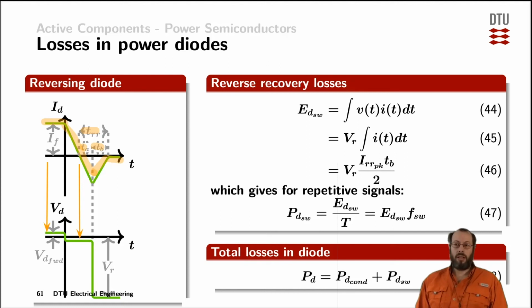But at the time where the reverse recovery has its peak, the diode actually starts blocking the full voltage that the converter is putting onto it.